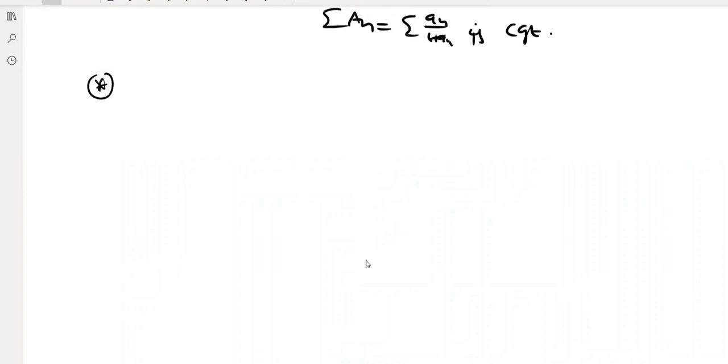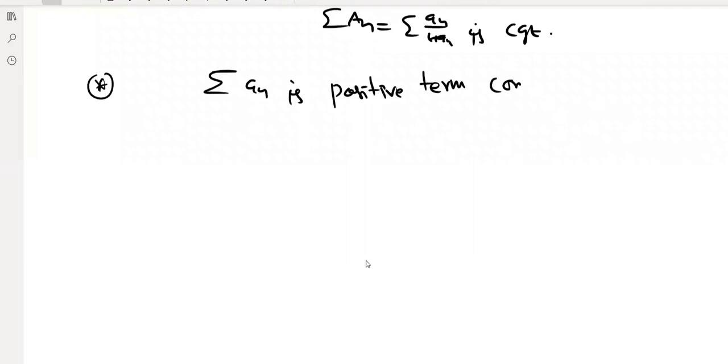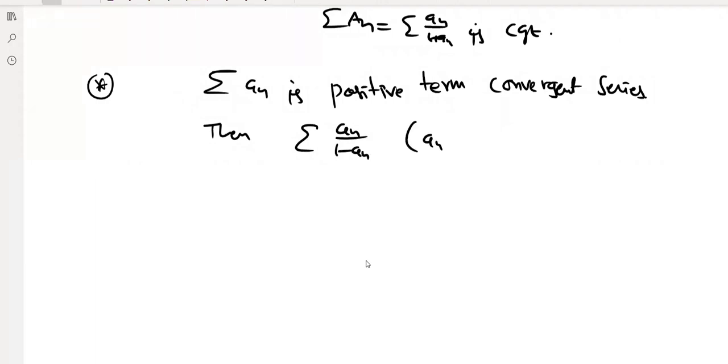Right, suppose you take this summation An is a positive term convergent series. Therefore, this summation An by 1 minus An, whenever An is not equal to 1 for every n, is also convergent. This is also a routine problem.